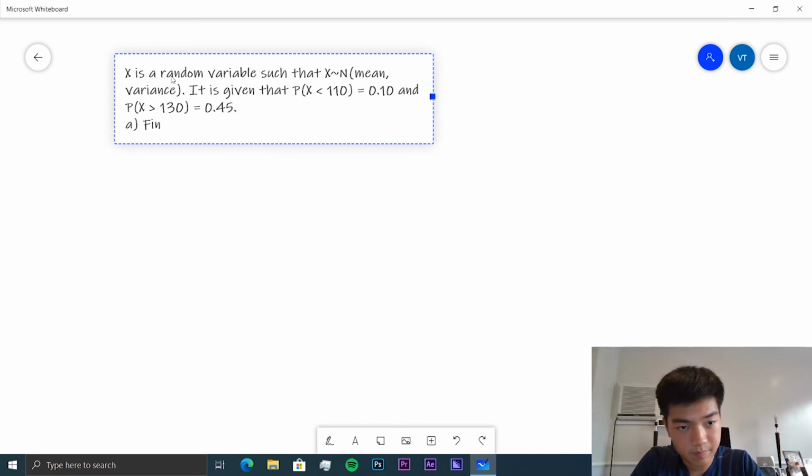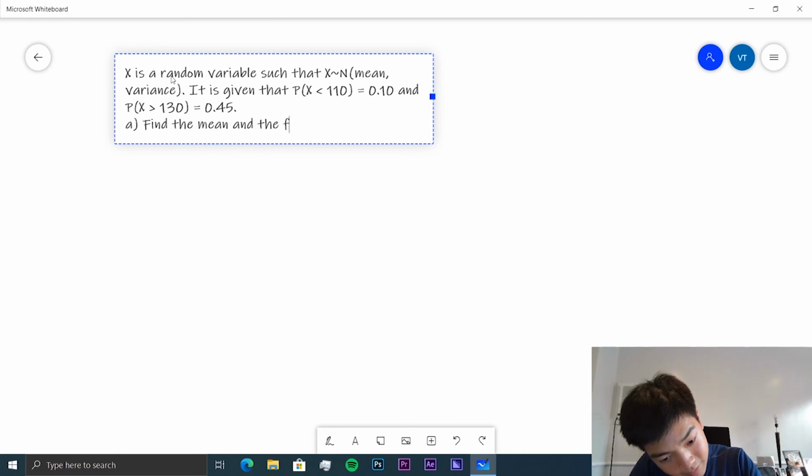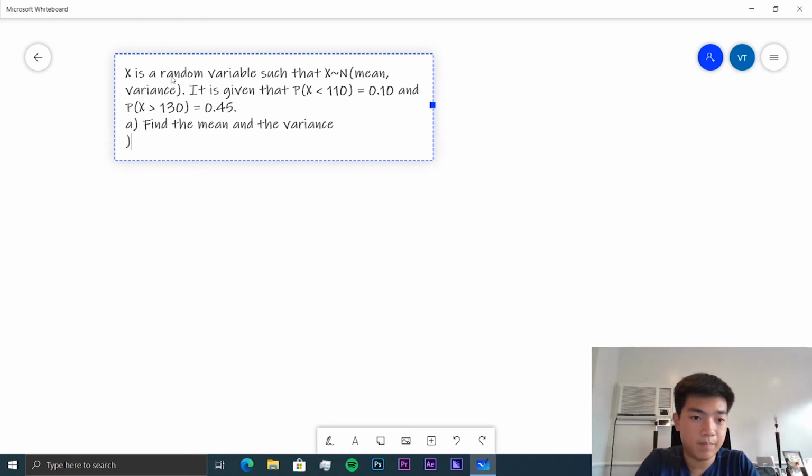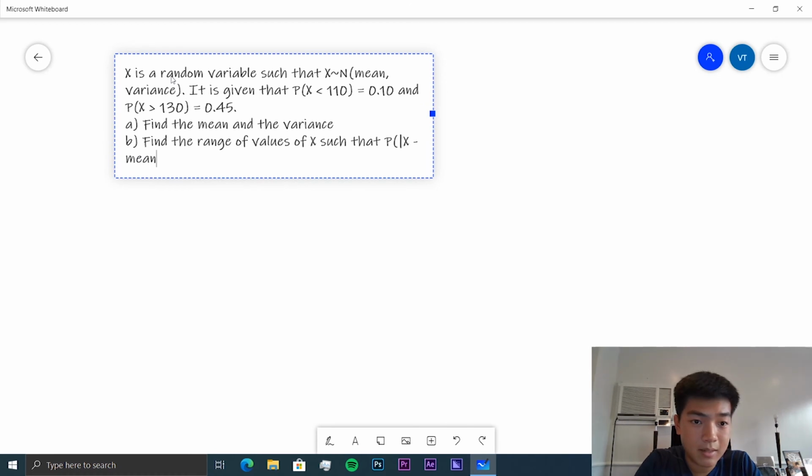Find the mean and the variance, and finally find the range of values of x such that the probability of x minus the mean is less than 0.22.